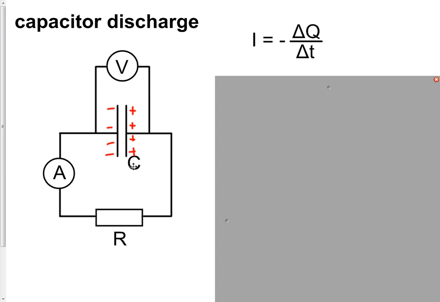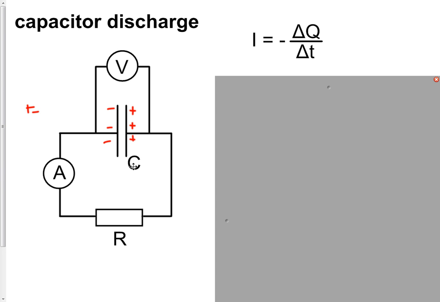And as current flows, the amount of charge Q stored on the capacitor is going to decrease, because electrons are going to flow around the circuit and neutralize positive charges over here, thusly diminishing the amount of charge that remains on the capacitor. So the amount of charge on the capacitor is going to go down.